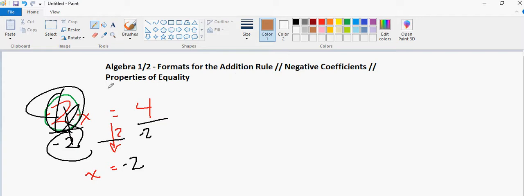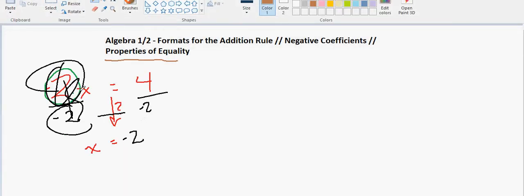Properties of equality. It just wants to make sure you feel comfortable when it asks you, what property of equality have you used? Today, we talked a lot about the addition property of equality. The addition property of equality says we can add to both sides of an equation without messing anything up or breaking rules as long as it's the same quantity.